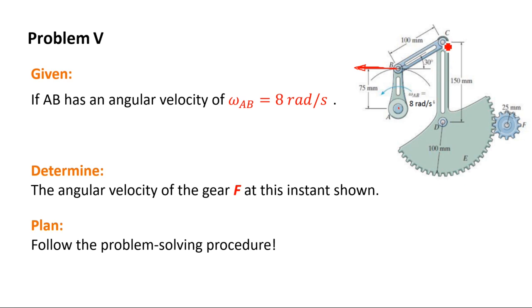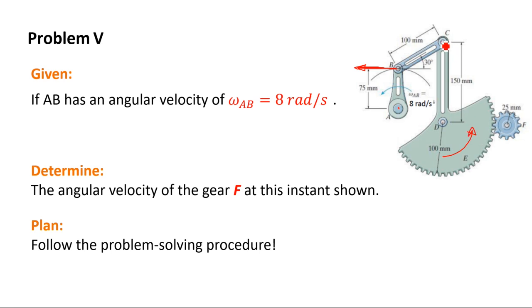Now, let's go to the point C. I would like to know the direction of the velocity at the point C. Again, the point C is rotating around the link DC, so it should be perpendicular to the link DC. As this link rotates anti-clockwise, it will pull this link, and this one is going to rotate in that direction.